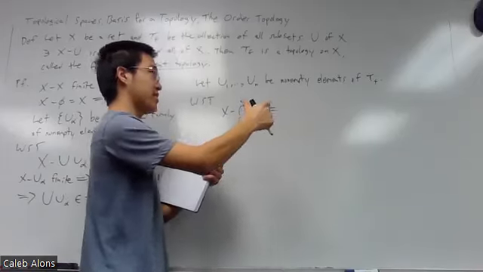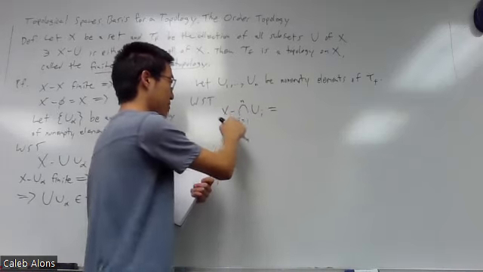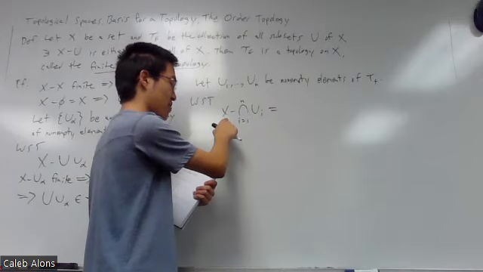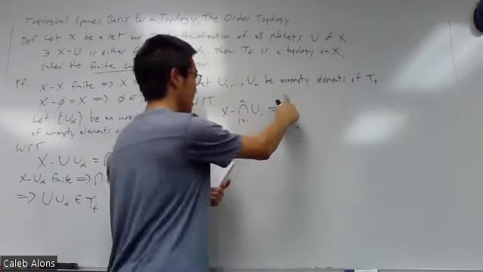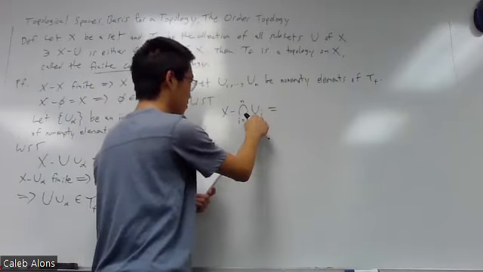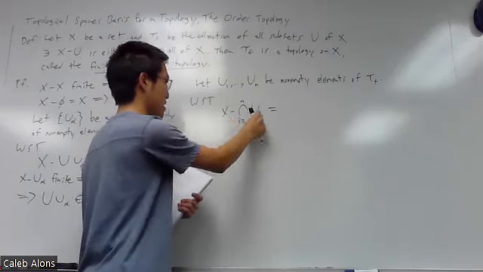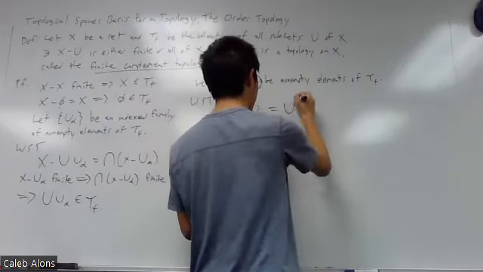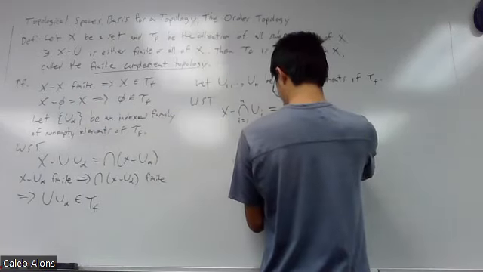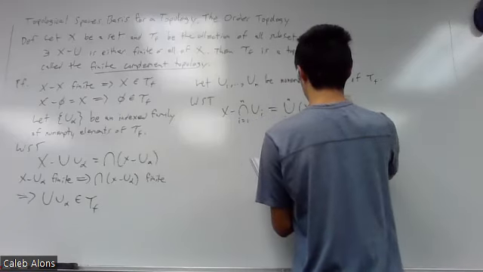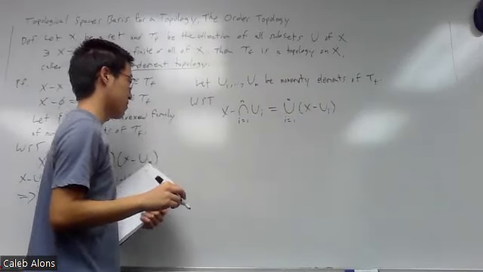What I'm really doing is taking every single one of these in the collection, subtracting it away from the original set, but then I want the sum total of all of those. So I take the union, i equals 1 to n, of each individual subset taken away from X.